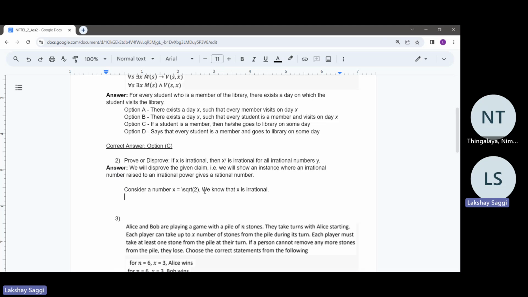Now we consider a number y, which is equal to root 2 raised to the power root 2.